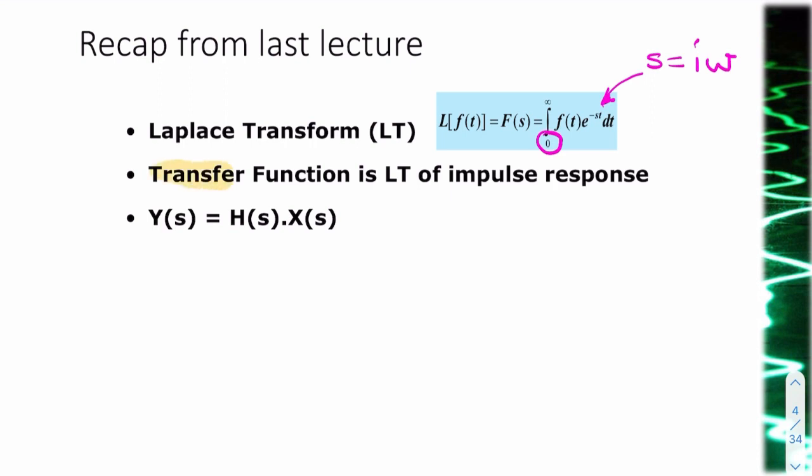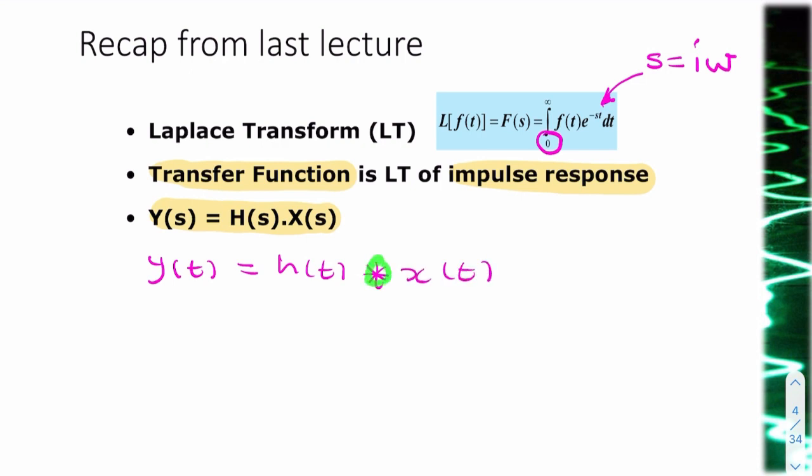We introduced the idea of a transfer function as being the frequency domain version of the impulse response. And we said that we can write the output in terms of the input in the frequency domain in a similar way as we would normally have done in the frequency domain. We mentioned how convolution in time is equivalent to multiplication in frequency, and we've done plenty of examples on this. And by now you should have completed a test about this.